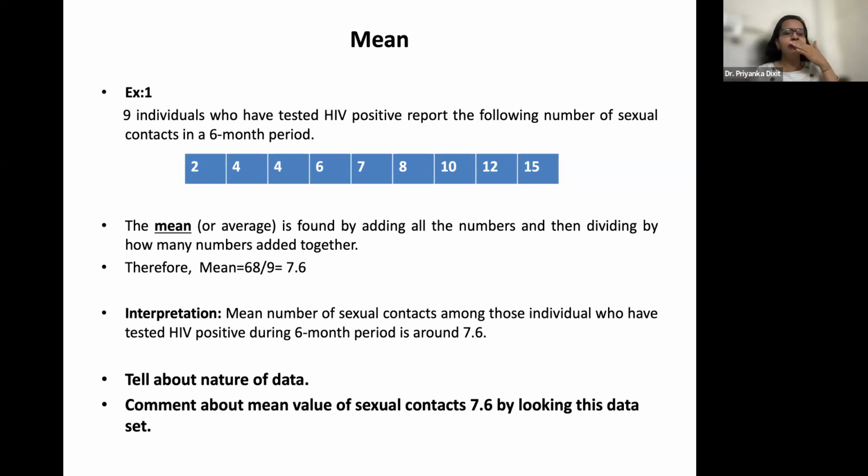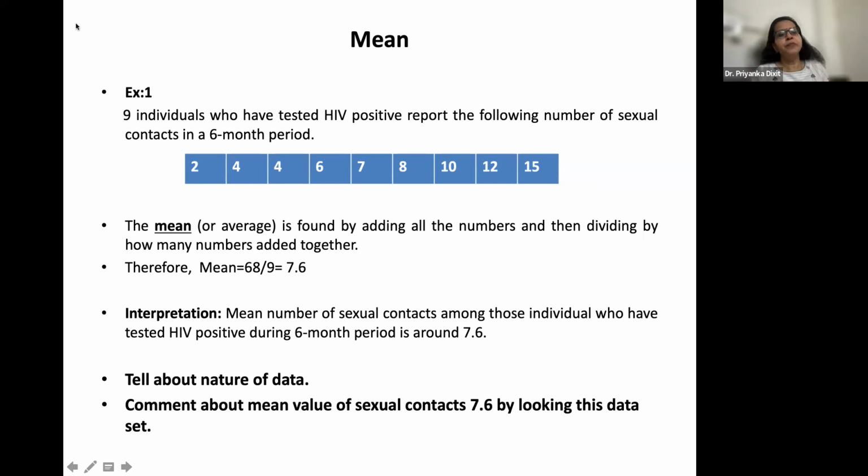Now you can ask why it is needed. Have you ever thought why it is important that we discuss three indicators? Why is one indicator not sufficient? That we are going to discuss. Okay, so let's take this example.